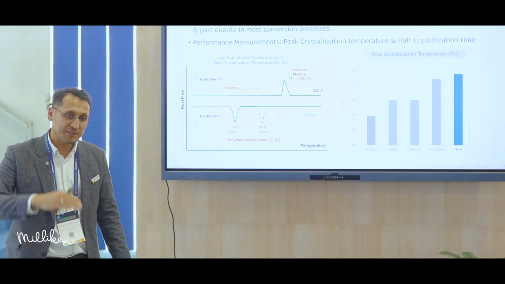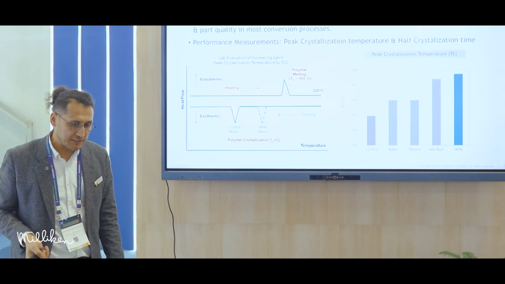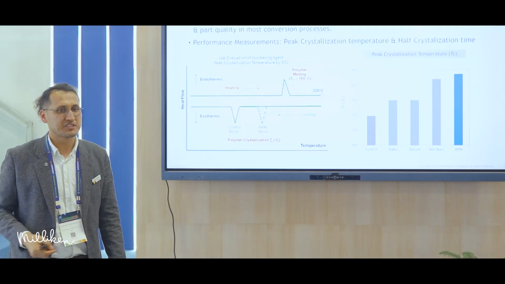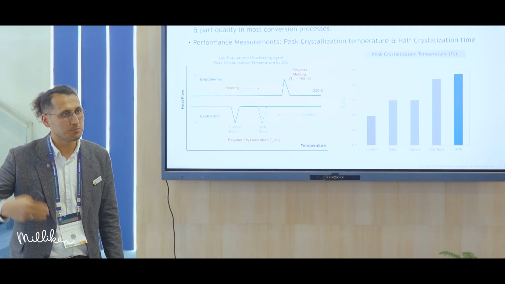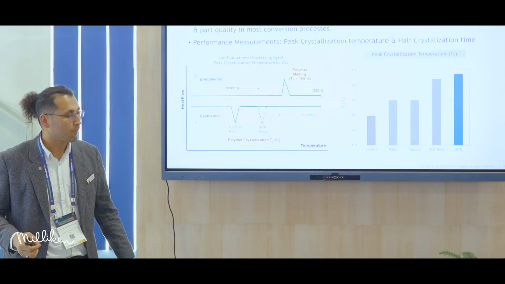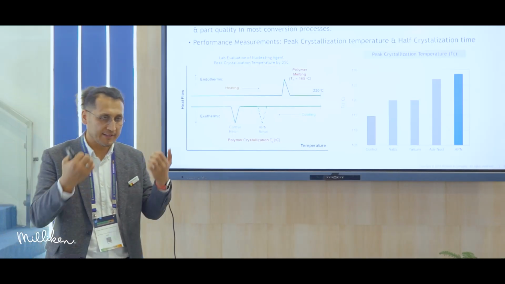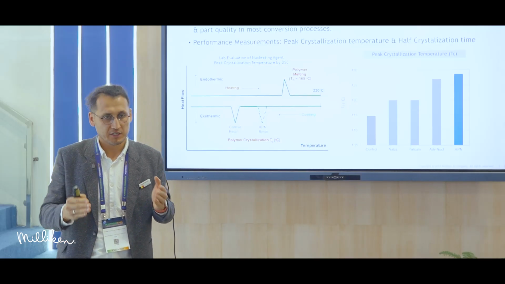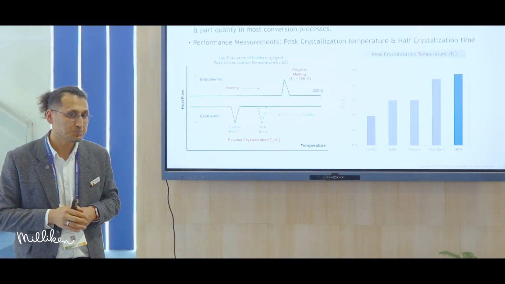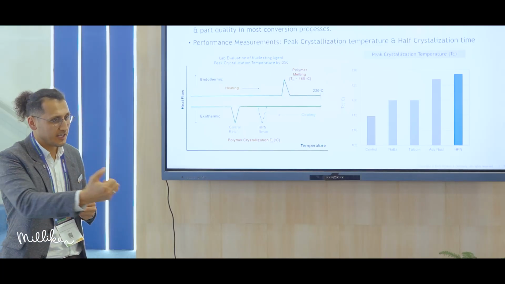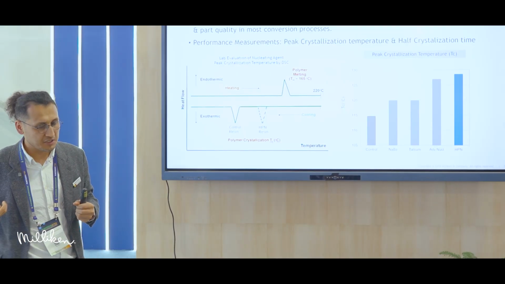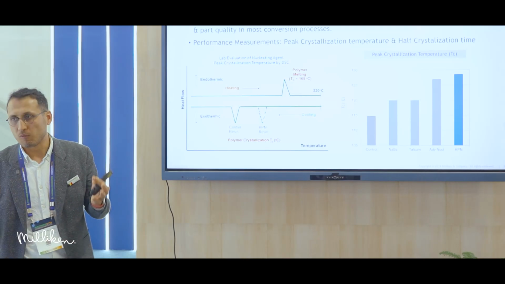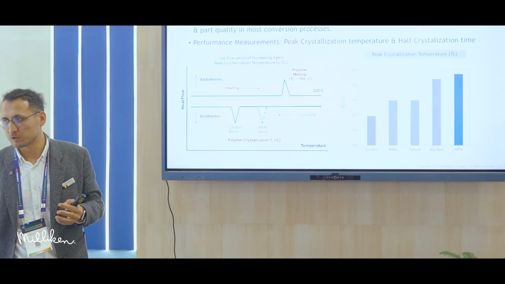That makes a big difference between 127 and 115. That degree of difference of TC means you can be in the production cycle much faster. You can make more parts in the same time, because cooling is the real bottleneck of how fast the conversion of parts can be made. Cooling takes more time. If you take it out from the mold without being properly cooled, the part will just warp, so it will not work properly.